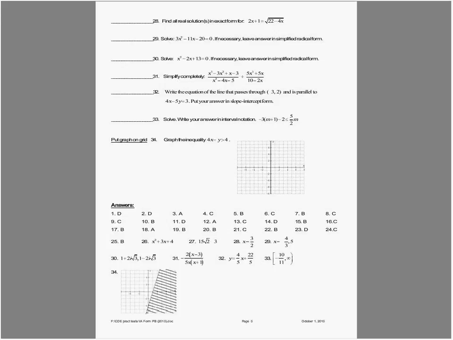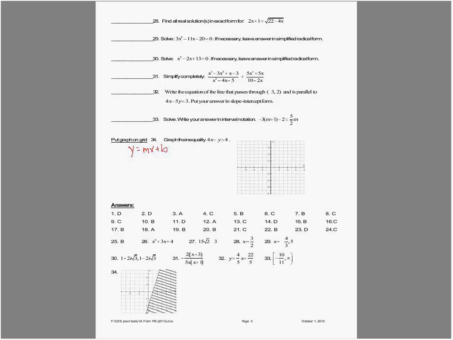Hold on, pen back up. Okay, in order to graph a line, we want it in this form, the y equals mx plus b form. So the whole gist of that is that you want to isolate the y to one side of the equation.